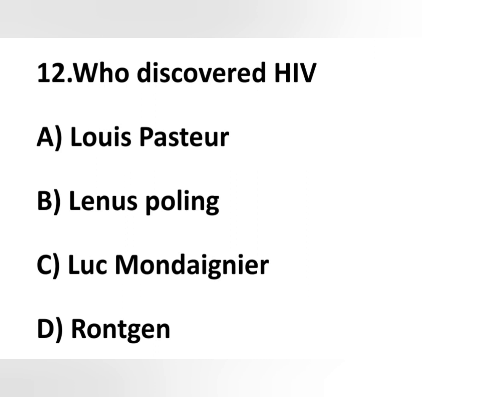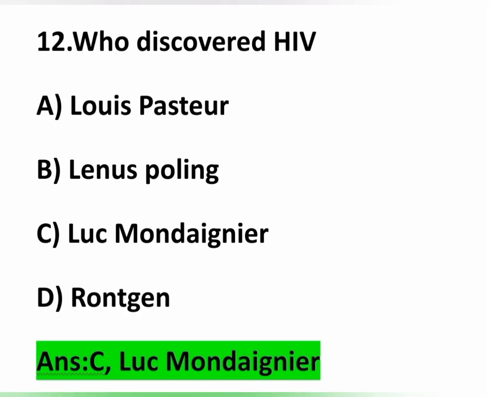Question number 12. Who discovered HIV? Option A Louis Pasteur, option B Linus Pauling, option C Luc Montagnier and option D Rodin. The correct answer is option C, Luc Montagnier, who discovered the HIV virus. And the next question, question number 13.